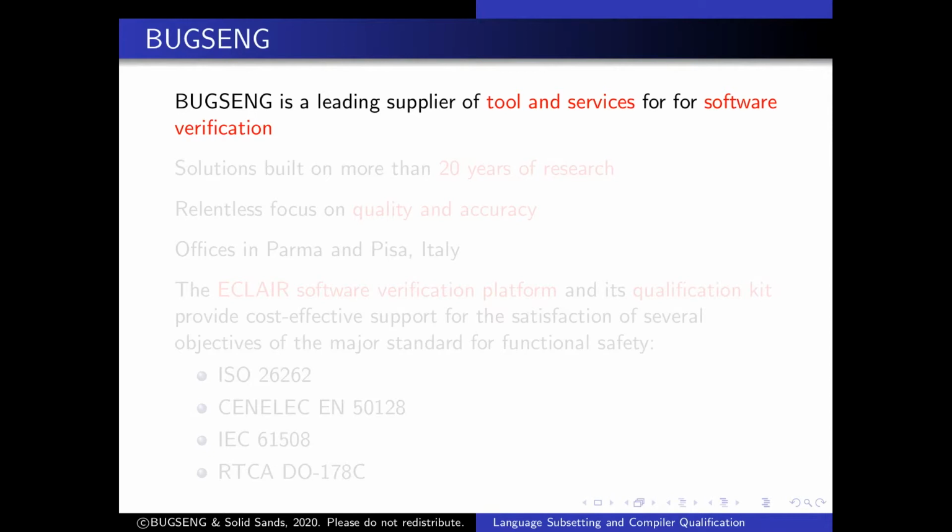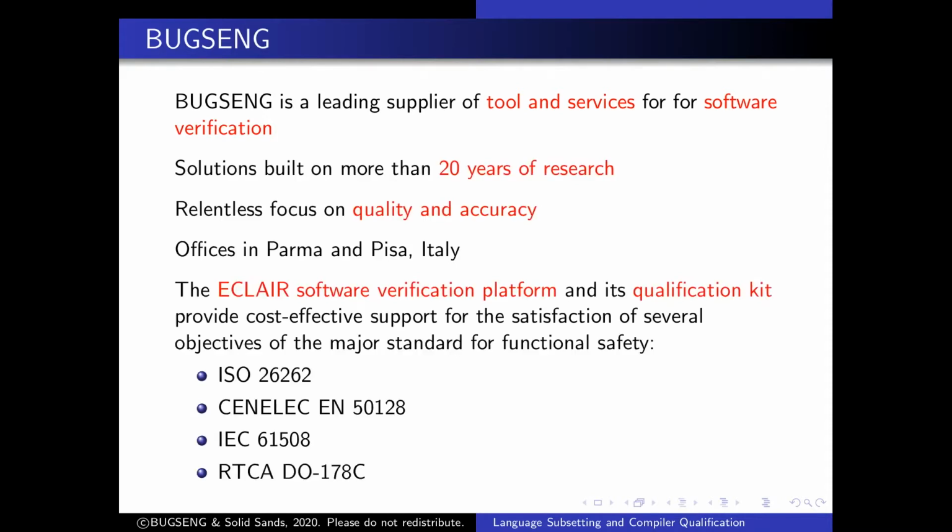So let me briefly present BUGSENG for those of you who don't know us. BUGSENG is a supplier of tools and services for software verification. We have been doing research in my research group at the University of Parma for more than 20 years. We have a particular focus on quality of the analysis and accuracy of the results.